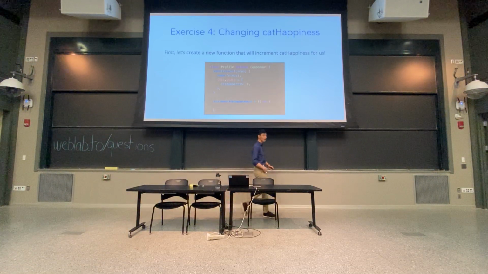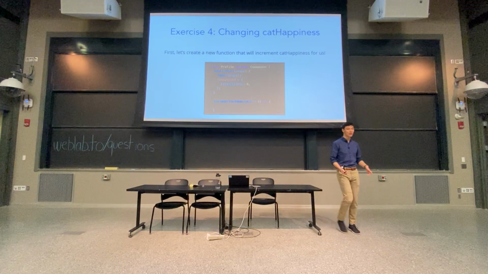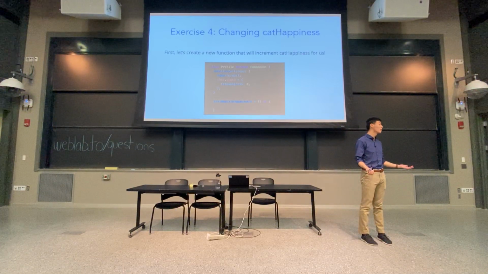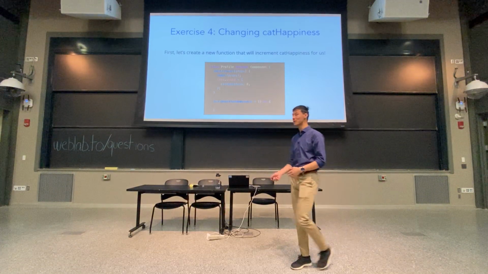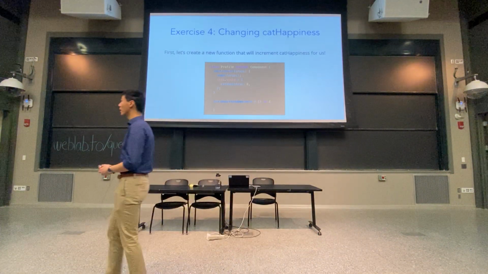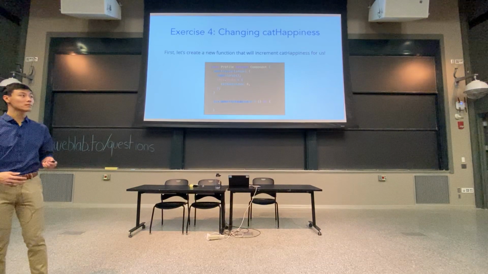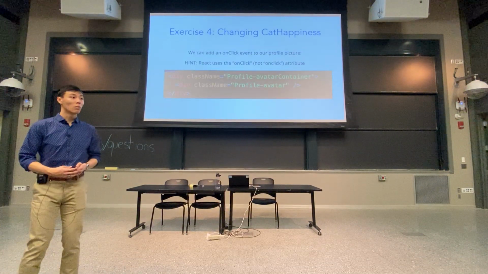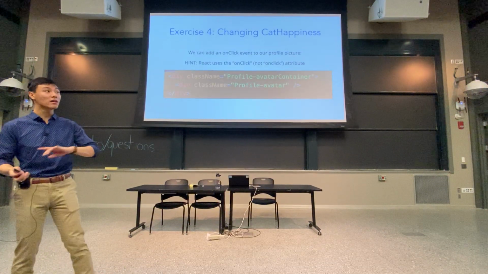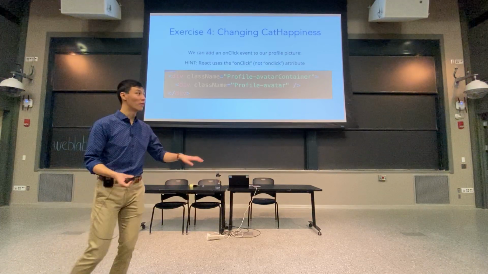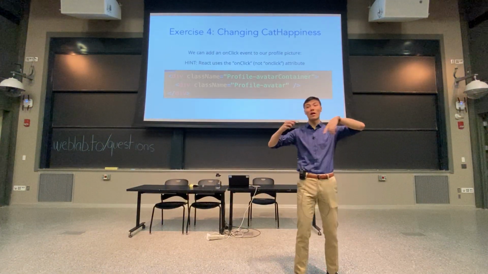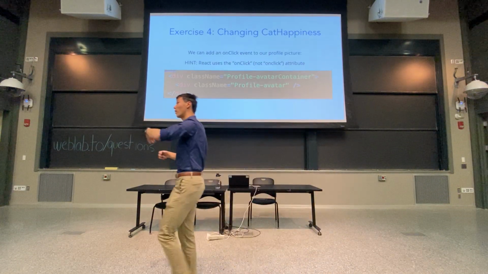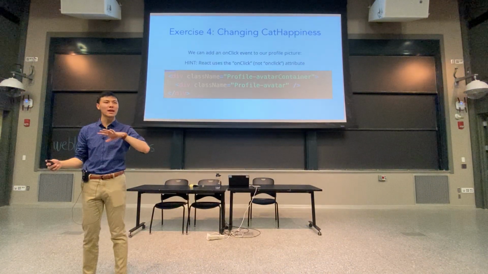Okay, so we have some function that increments our cat happiness for us. Obviously right now it does nothing. But hopefully, in a few minutes, it will actually do something for us. Now we want to add an on-click event to our profile picture. You guys know in our React stuff, we've given them class names, right?